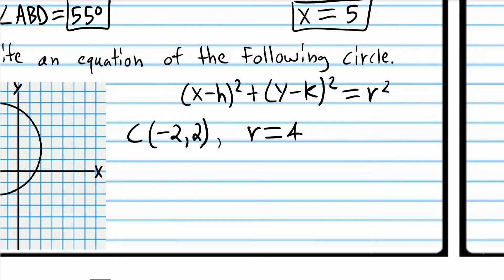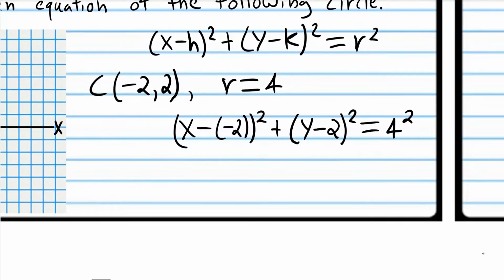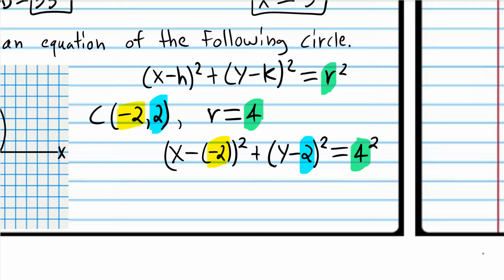At this point, all we have to do is just plug in the numbers. So we have x minus the x value of the center squared plus y minus the y value of the center squared is equal to the radius squared. So just to be clear, what's happening here, I plugged in that -2, I plugged in this +2, and I plugged in the radius.